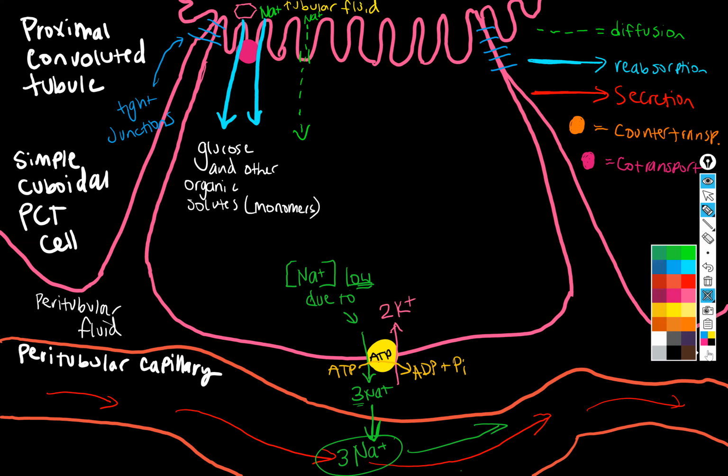So that's going to create a situation where once I've co-transported glucose and any other organic solute, as long as I have a hole for it to go through, so in this case, I'm going to make myself a little glucose hole, the rest of the process is reabsorptive, but not co-transport, and is more passive because I've set up this gradient.